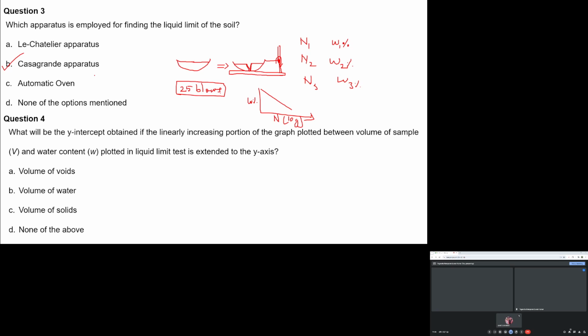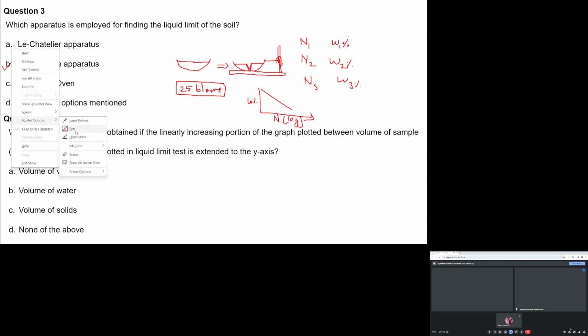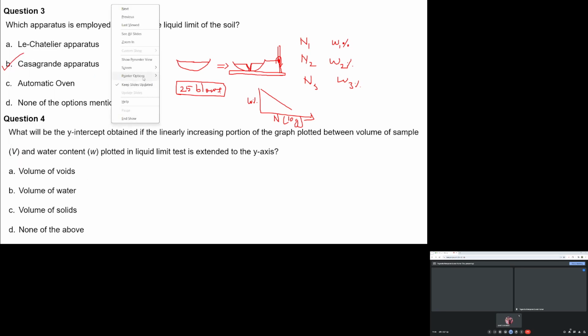There is a small confusion here, so this can be neglected. This is a misnomer here. Without this, the question will be there.